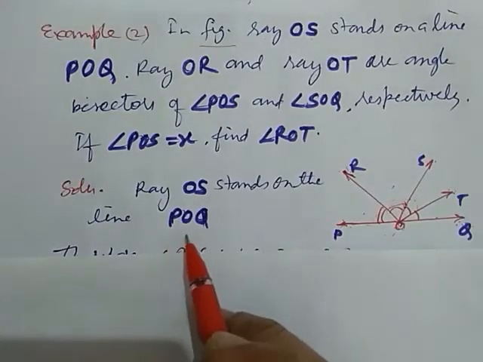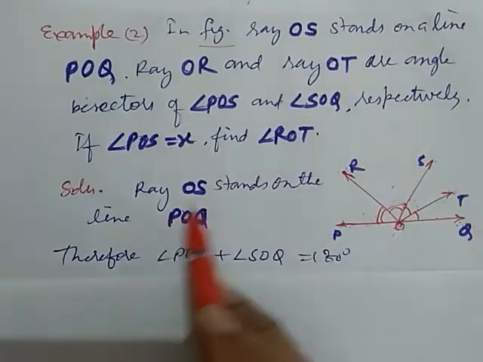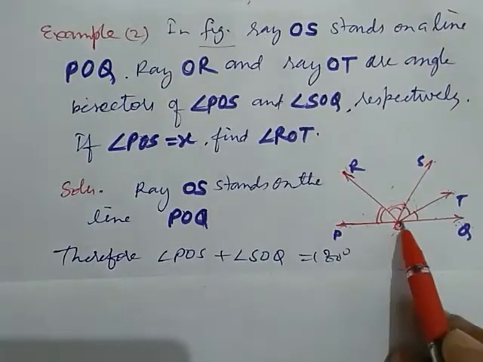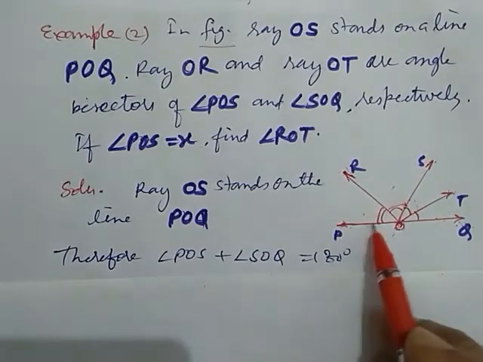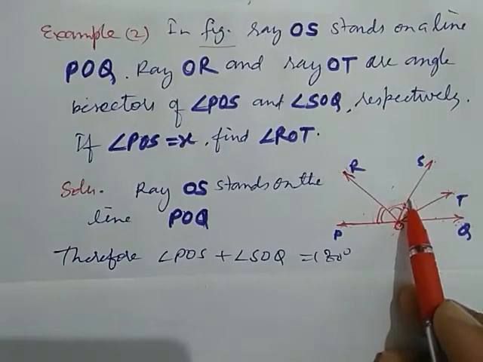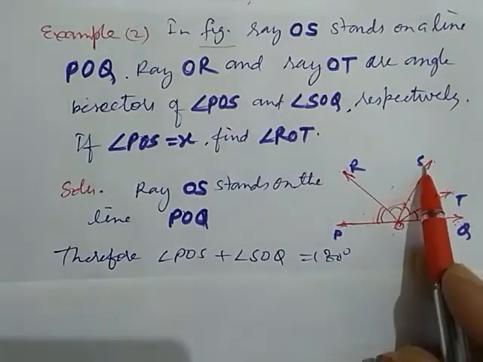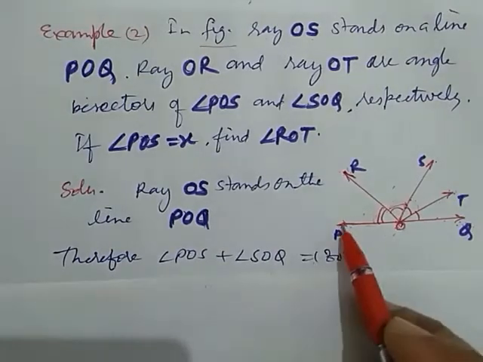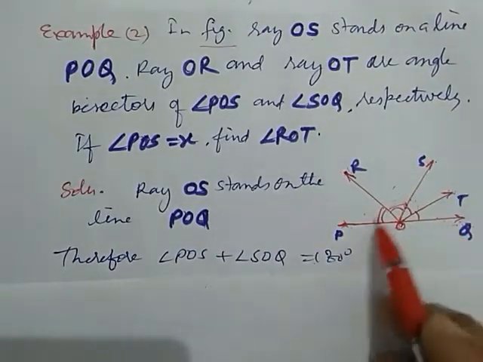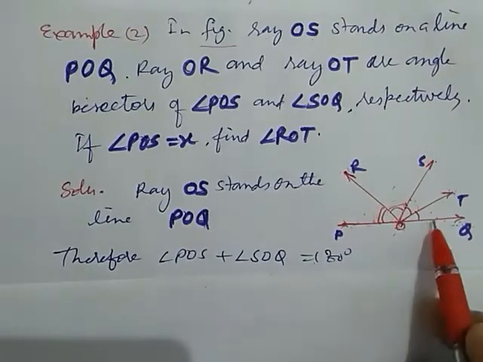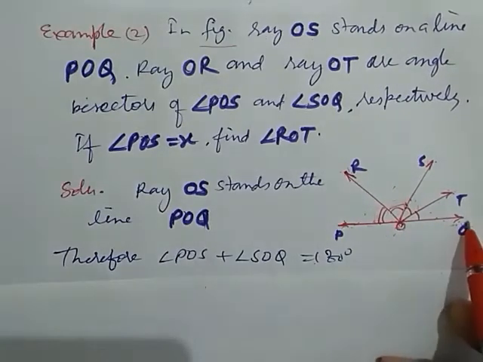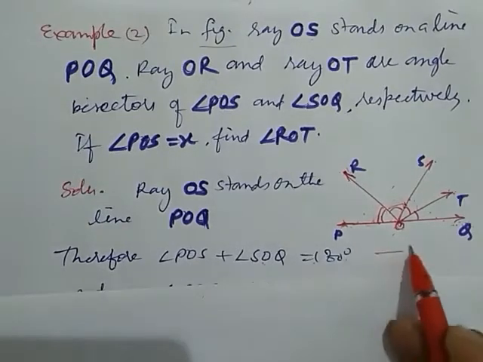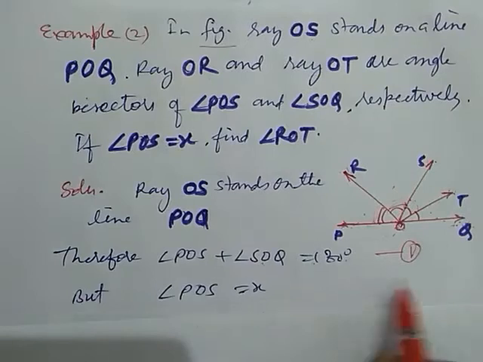We have to find this angle, and we have only angle POS. So we proceed. Ray OS stands on POQ, so angles POS and SOQ make 180, because their non-common arms form the line POQ. So the sum of these two angles is 180. This is our first calculation.